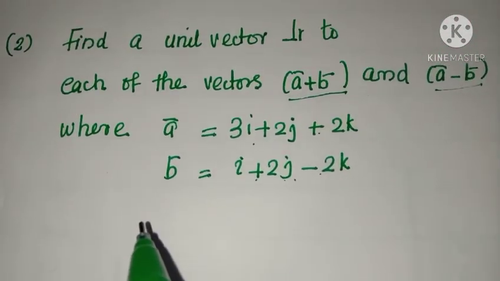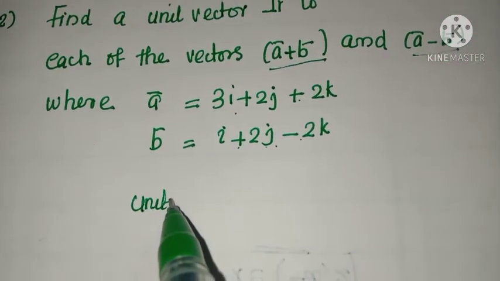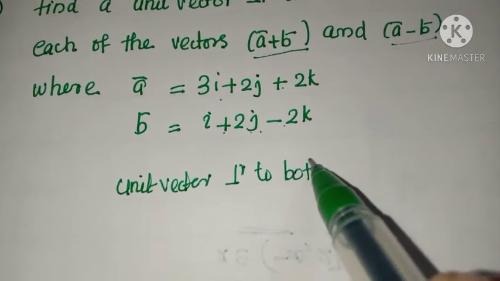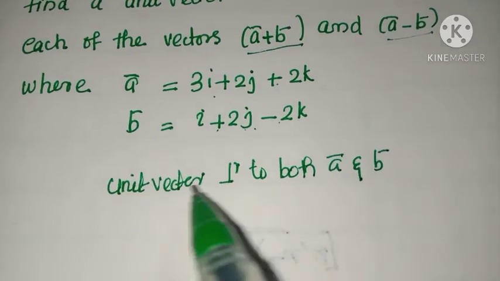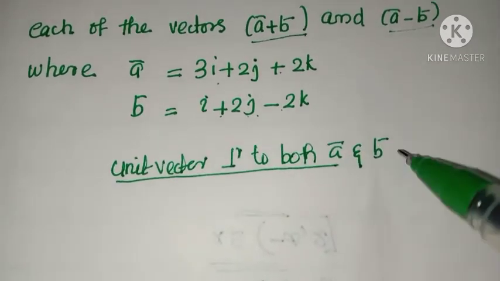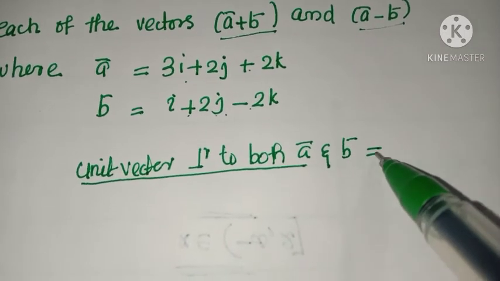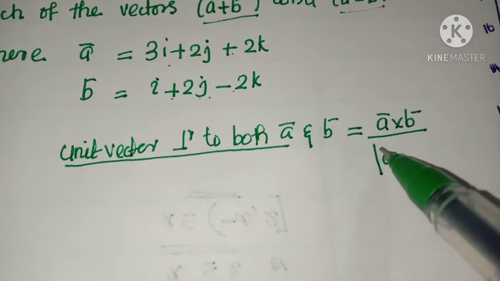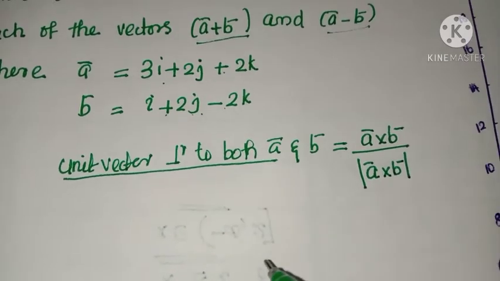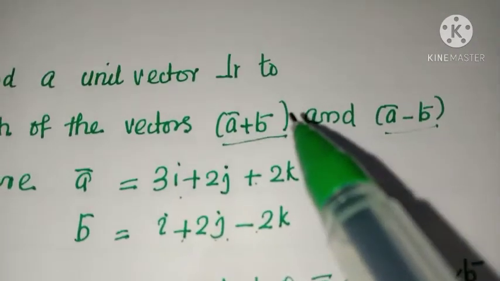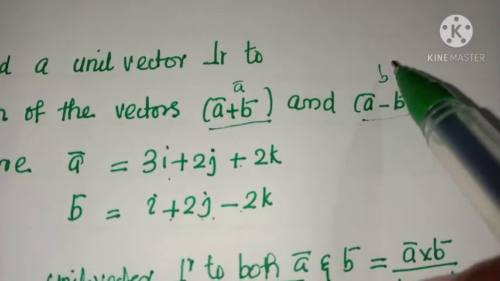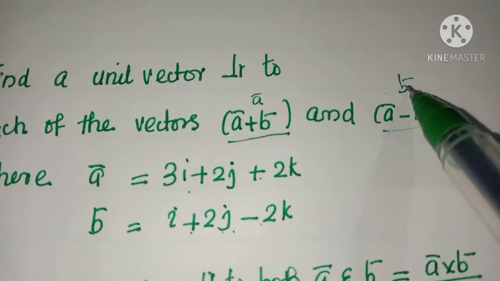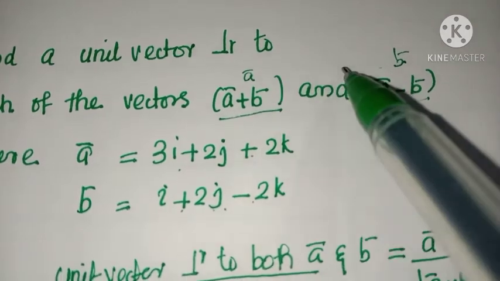So a formula you have to study to find a unit vector perpendicular to both vector A and vector B. The unit vector perpendicular to two vectors is the cross product of the vectors divided by magnitude of the cross product of the vectors. This is the formula.